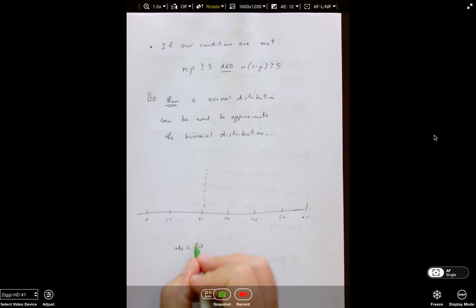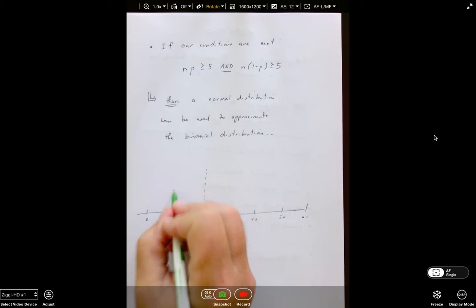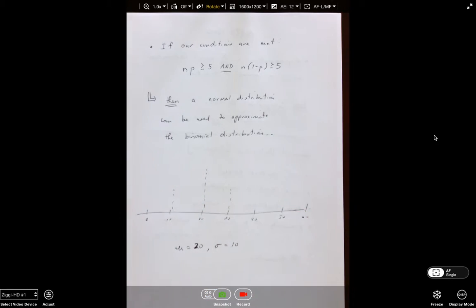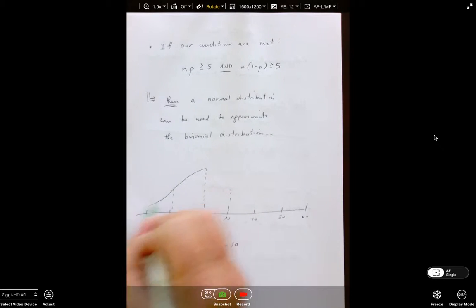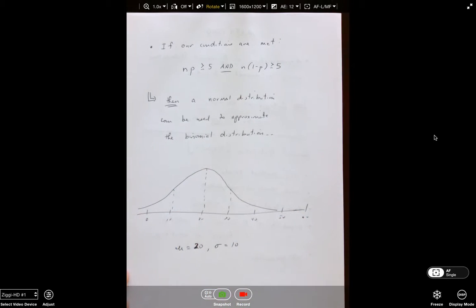I can't even read my own writing, so let's say 20. And we also need to know the standard deviation to know an indication of spread. So when I know the mean and the standard deviation, then I define my normal distribution.